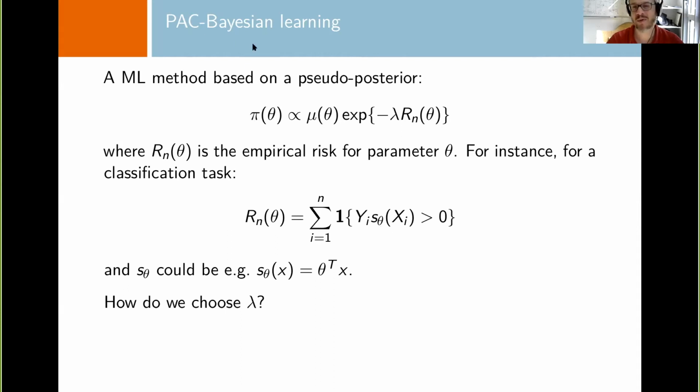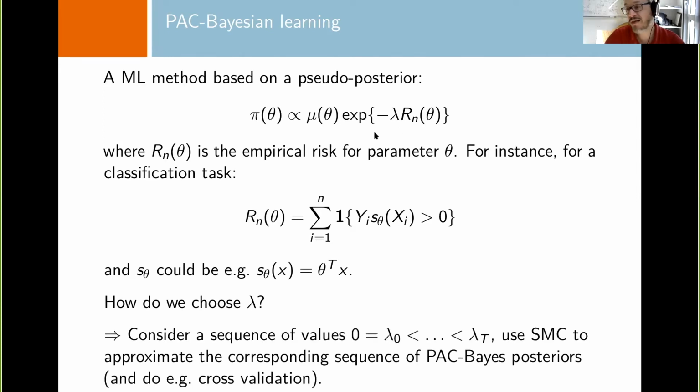But when you do PAC-Bayesian learning, you have this kind of pseudo-posterior where R_n(theta) is the empirical risk. One of the problems, I think you will agree, is how to choose this lambda here. You could use SMC, where you consider a sequence of lambda values starting at 0.